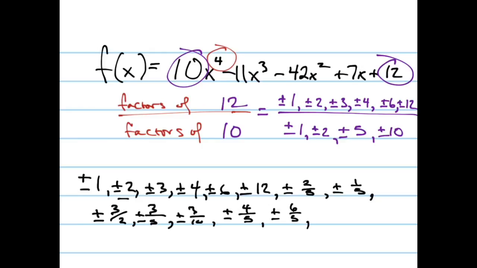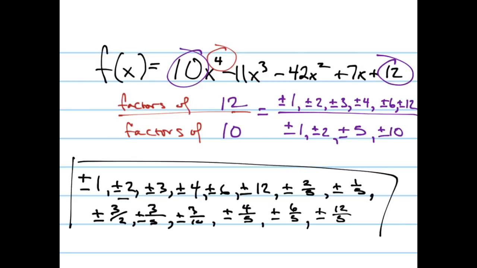Then we got 12 over 1, which is covered. 12 over 2 is 6, which is already covered. 12 over 5 is the next one. And 12 over 10 is 6/5, which is already covered. So those are all of our possible zeros. Only 28 possibilities. That's good. Not too bad.